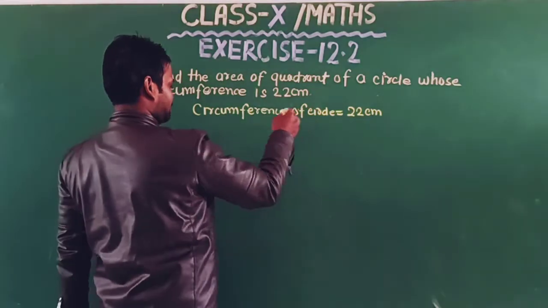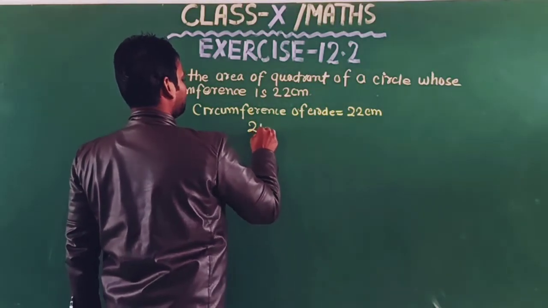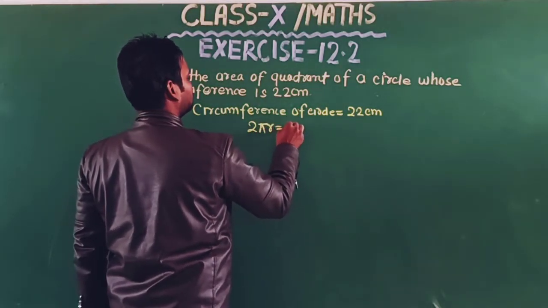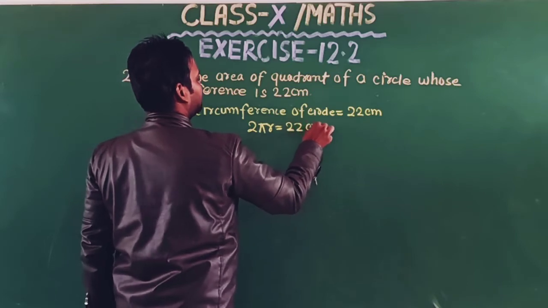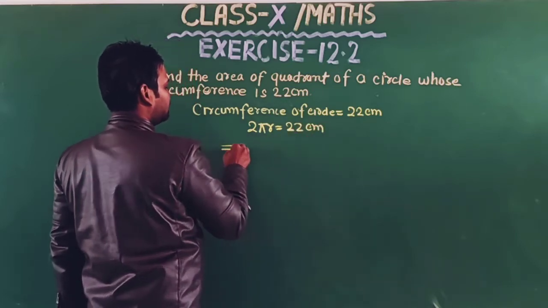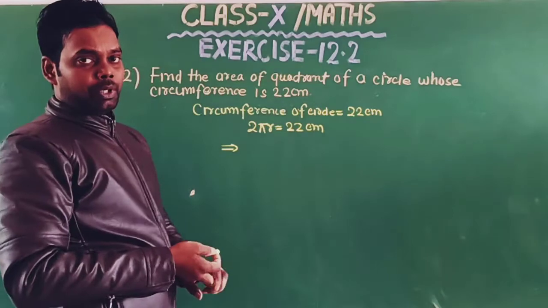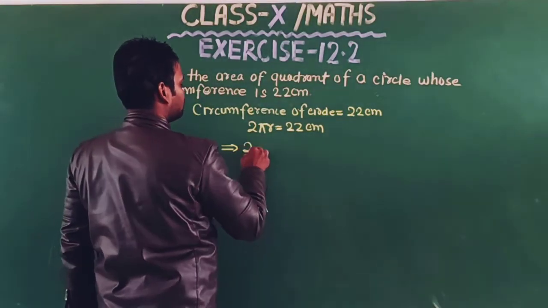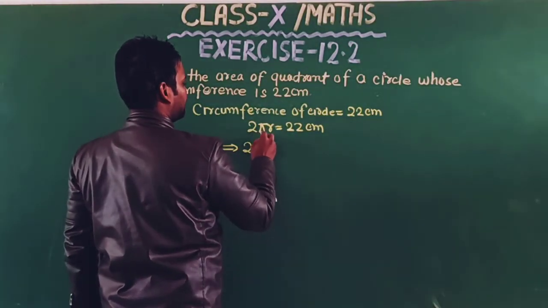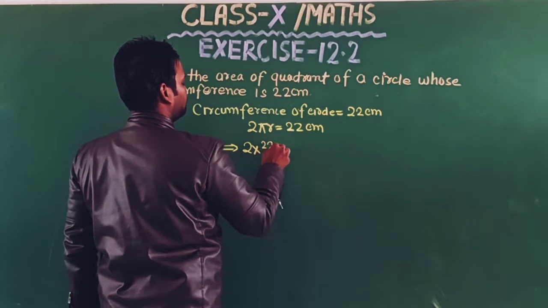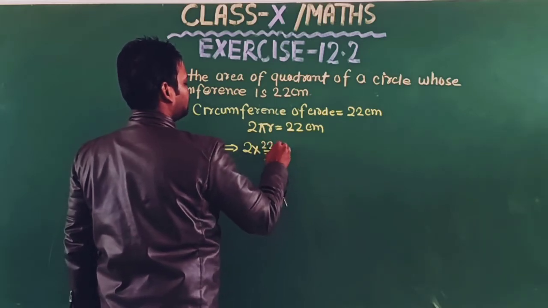So 2 pi r equal to 22 centimeter. Now simplify.